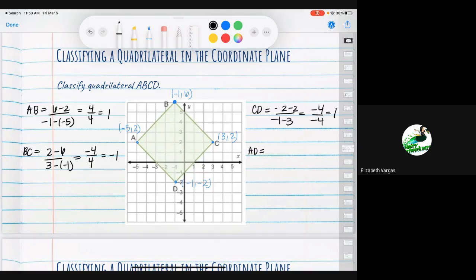I'm doing it for all the sides, and I want to identify if all my angles are right angles. Okay, and so now I want to see how these relate to each other.